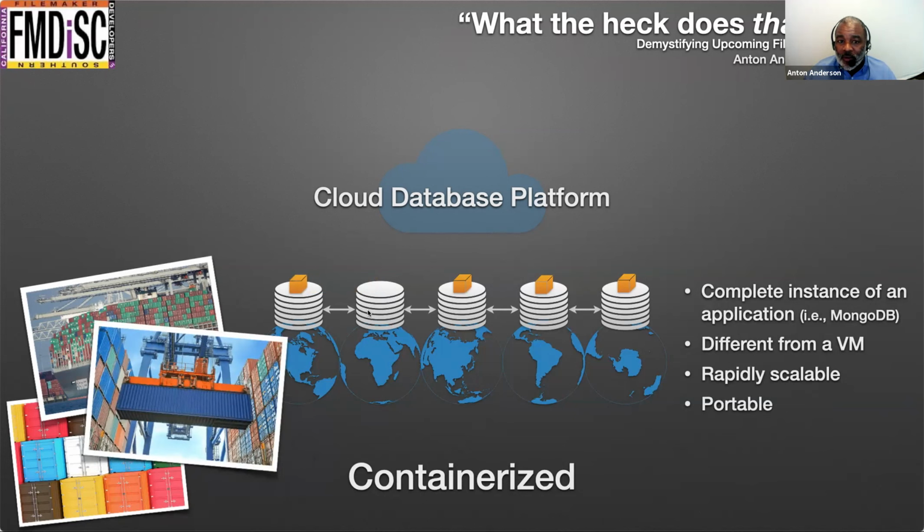And they're also portable. I like my little container ship metaphor here. Shout out to the MongoDB people who took their part. One of the nice things about the container is that because it has all the libraries, all the specific pieces that are needed, you can move it from one server to another, but also from one environment to another.